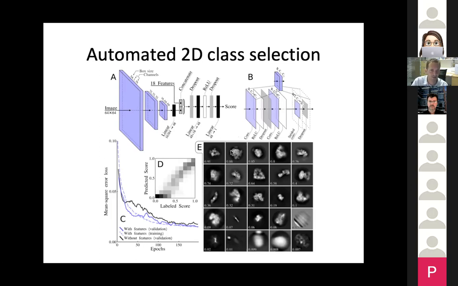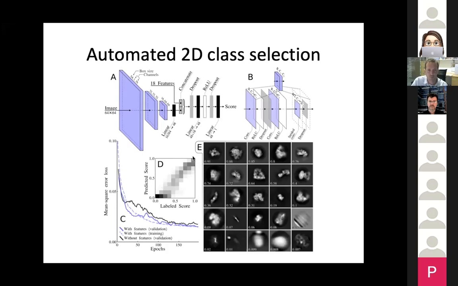This is a 2-dimensional histogram. We have labeled scores from 0 to 1. There are lots of 0 images in the data set, which are basically all the junk classes that people typically discard. But then there's a reasonably okay-ish distribution over the continuous score of the labels. And here on the left is the predicted score, I think on the validation set, a subset of 5,000 images that was not used to train the network.